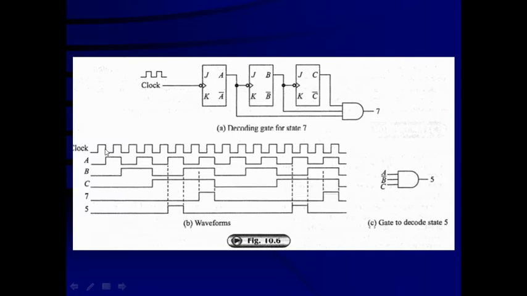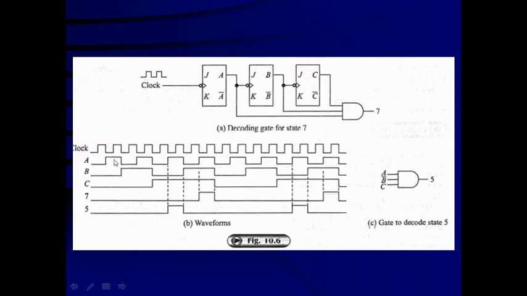You can see that here, at the negative edge of the clock pulse, A is changing state. Again at the negative edge, flip-flop A is changing state. Again at the negative edge, A is changing state. So, every negative transition of the clock pulse, A is going to be toggled.